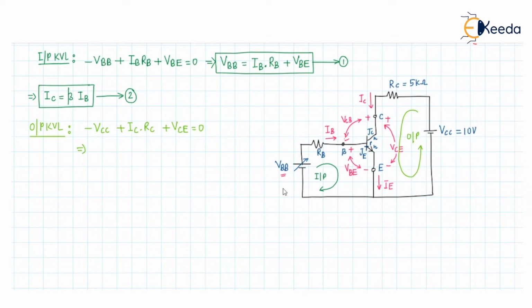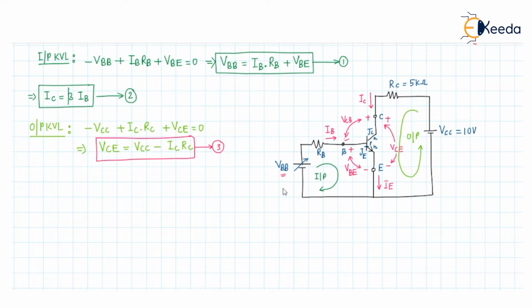So from this equation we can find the value of the collector to emitter voltage, that will be equal to VCC minus IC into RC. So we can name this equation as the third equation, which can be found by applying KVL in the output circuit.